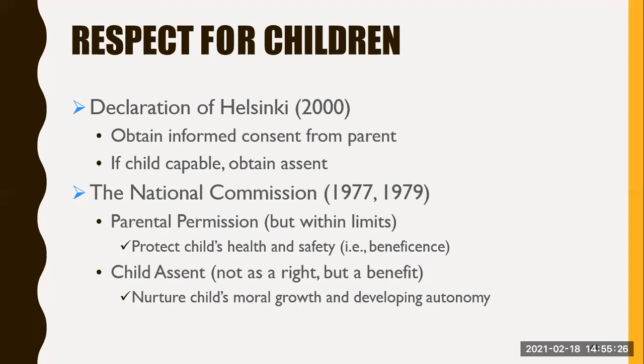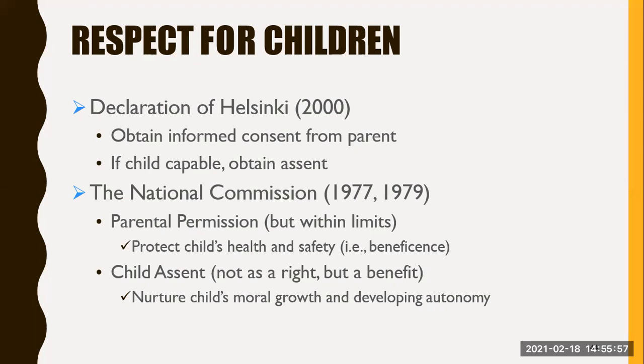It should protect the child's health and safety, that is, benefit should be seen while including children in clinical trials. And the child's assent is not a right but a benefit, to nurture the child's moral growth and developing autonomy. So we should not entirely ignore the child while including children in a clinical trial.